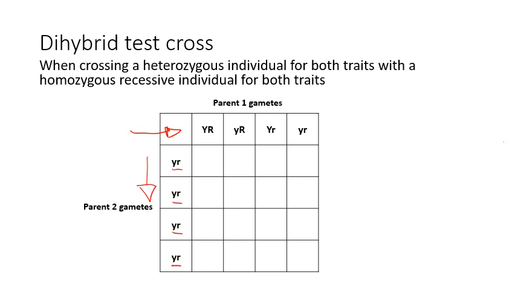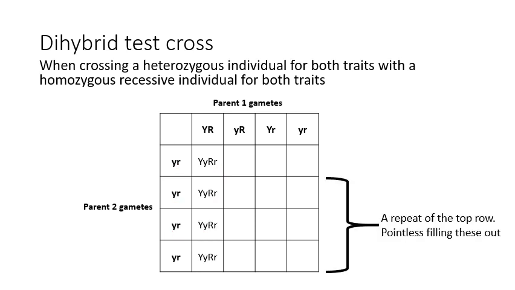So when we start to fill out our Punnett square, for example, if we fill out that first box in the top left, we're going to get capital Y, lowercase y, capital R, lowercase r, our combination from both parents. And if I continue to fill down in that Punnett square, you'll notice that all 3 of those boxes underneath are going to give me the exact same combination, because parent 2, our homozygous recessive, can only pass on 1 combination.